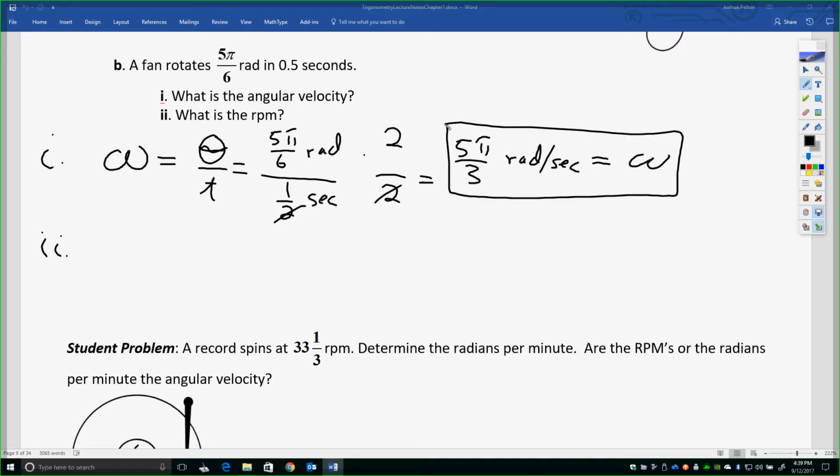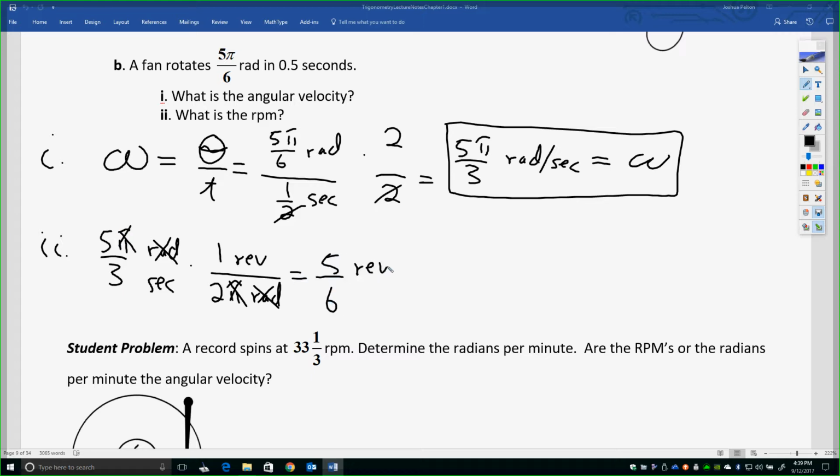But we also want the RPMs of this fan. So 5 pi over 3, and I'll write it in proper ratio, which is radians over seconds. And again, for RPMs, we want minutes and we want rotations or revolutions, but I don't have either of those. So I can choose to swap either one first. I'll do the radians. So it's 2 pi radians to 1 revolution. And we can cancel the rads, cancel the pi's. So we have 5/6 revolutions per second.